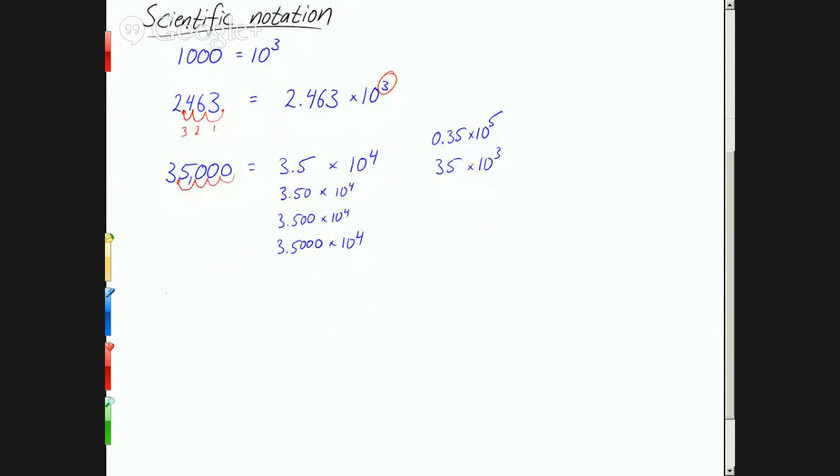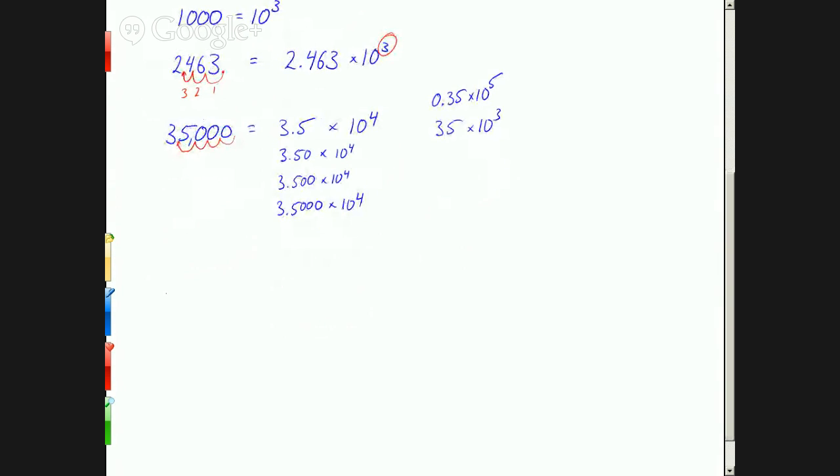Okay, let's try another one. Okay. This is getting to be a pretty big number now. So this is the kind of number that it's going to make a lot more sense to write in scientific notation because we don't have to write all those zeros all the time. So see if you can convert this number to scientific notation.